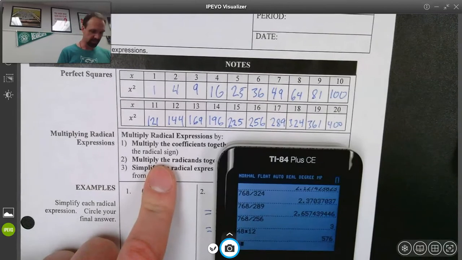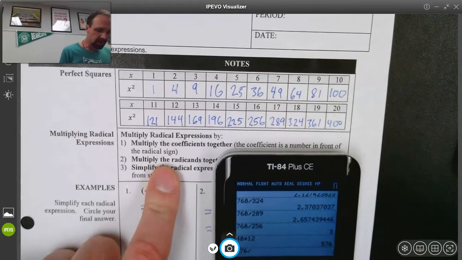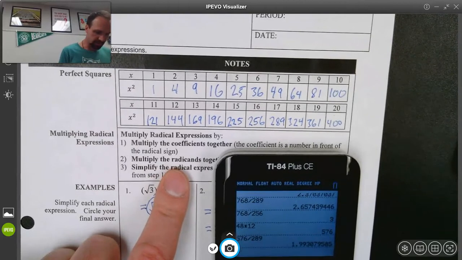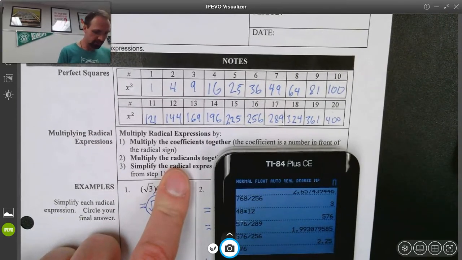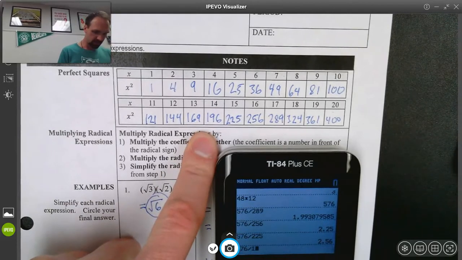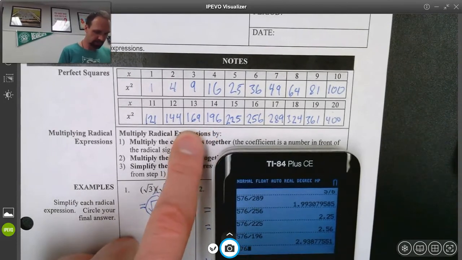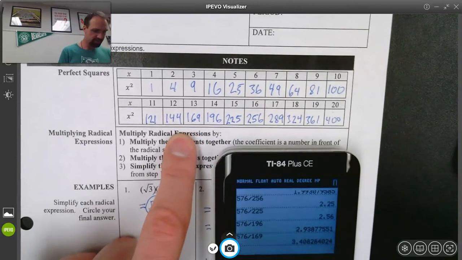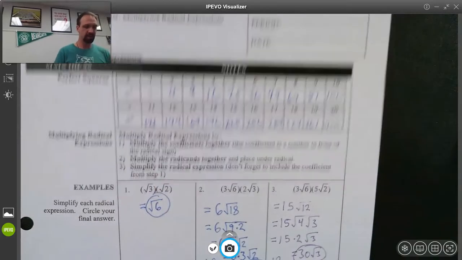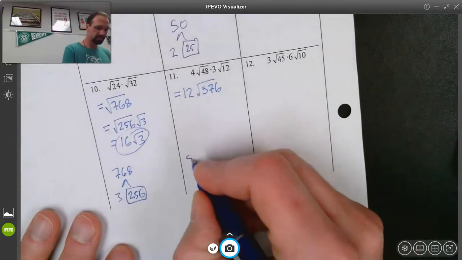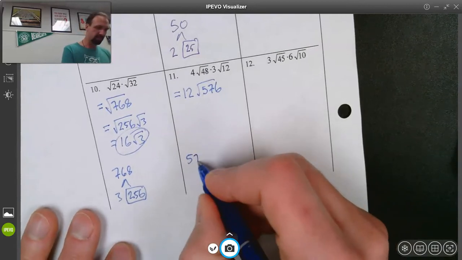So let's see, 576 divided by 289, nope. 576 divided by 256, nope, close. 576 divided by 225, nope. 576 divided by 196. Nope. Divided by 169. 576 divided by 144. There we go. So 144 and 4, excuse me.